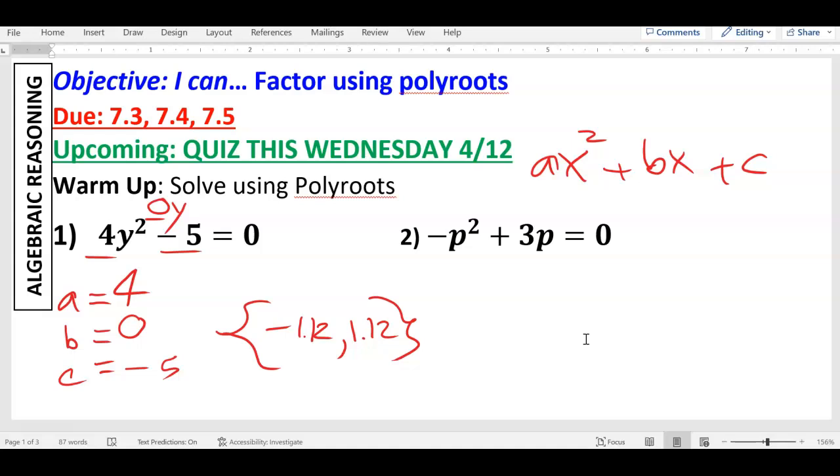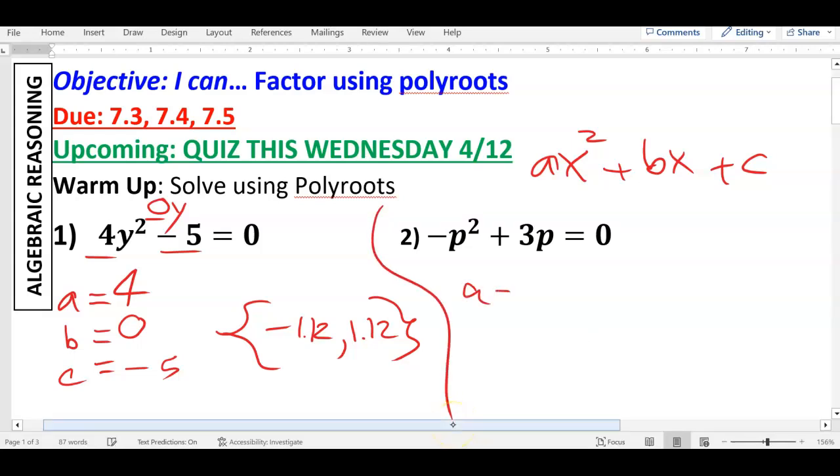Now, number 2. Again, I need A equals, B equals, C equals. Even though I don't see any X's, we're going to take the P's and pretend like they're X's. So do I have an a value? Do I have a p squared?